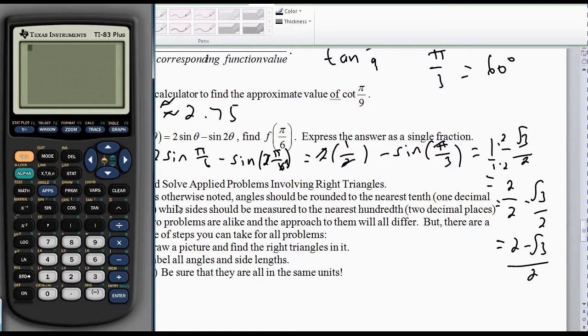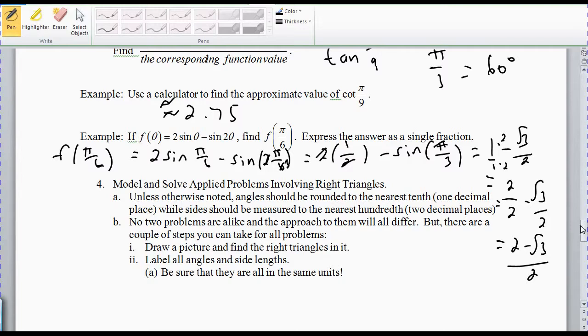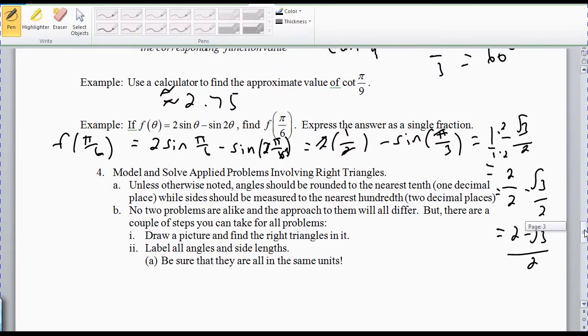But even then, you have to be careful, because I can't find the sine of pi over 3, because it's an ugly square root answer. So the moral of the story is, don't use your calculator unless you absolutely have to, or if it says round to so many decimal places. Now we do have a couple more problems we're going to do.